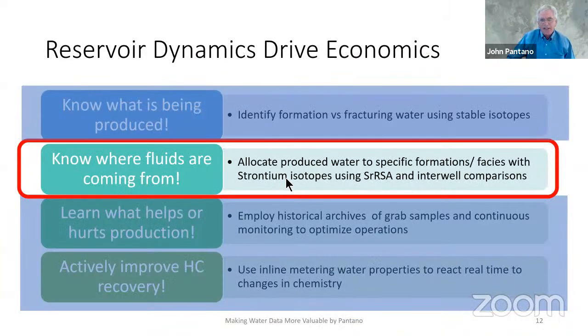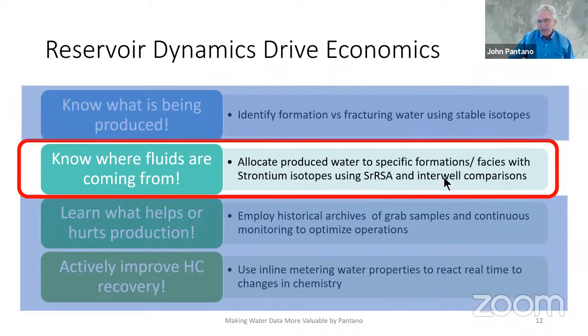So now that we know where the fracture water came from and where it possibly would have gone, let's try to figure out which formation the produced water is coming from. And so we're going to use something called strontium isotope and strontium residual salts analysis.